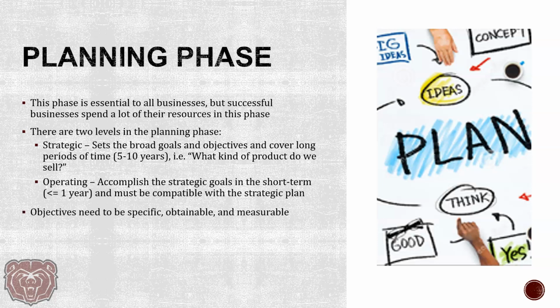The objectives do need to be specific, obtainable, and measurable, right? One of the worst things I've seen when working through strategic plans and strategic budgets with companies, particularly in the healthcare industry, is that they set what I would consider to be unrealistic or unobtainable goals. So, hey, we want our revenue to be this percentage, or we want cash to be this percentage of our revenue.